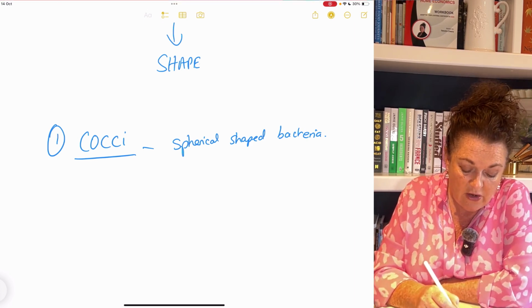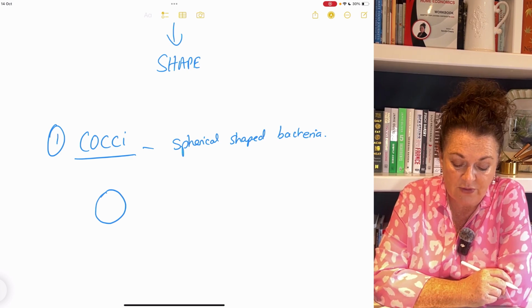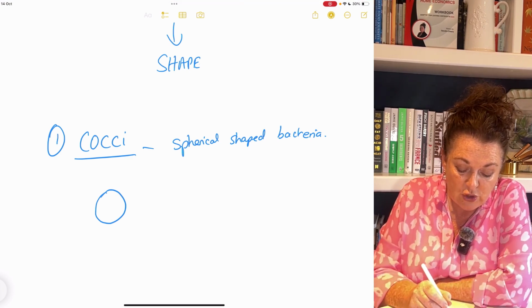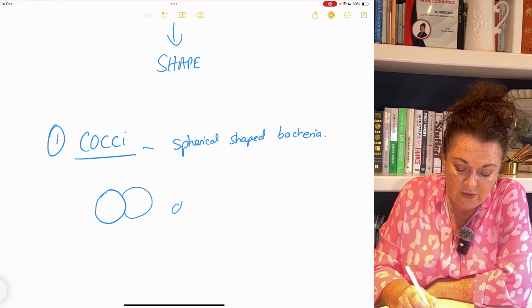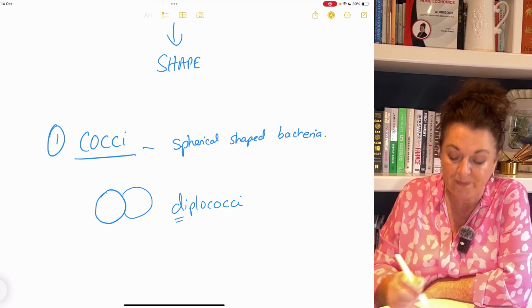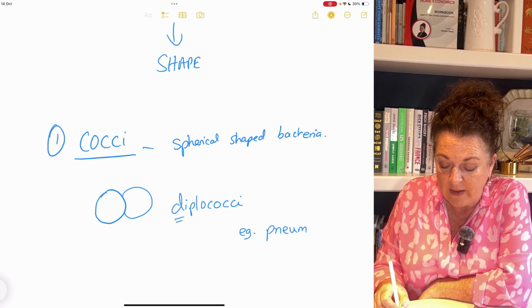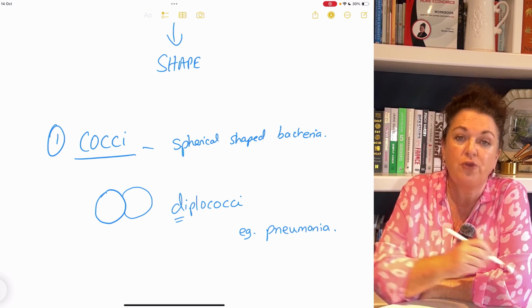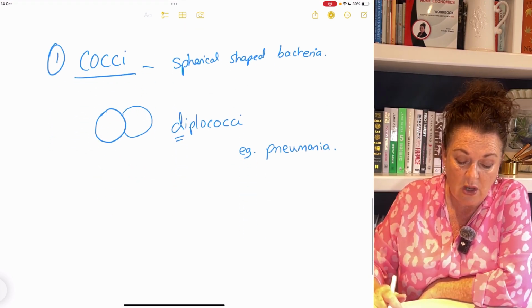So these are circular in shape under a microscope. Now, when you have 2 spherical shaped bacteria together under a microscope, this is called diplococci, di for 2. And anyone who would have pneumonia, the bacteria under a microscope causing the pneumonia would be diplococci.